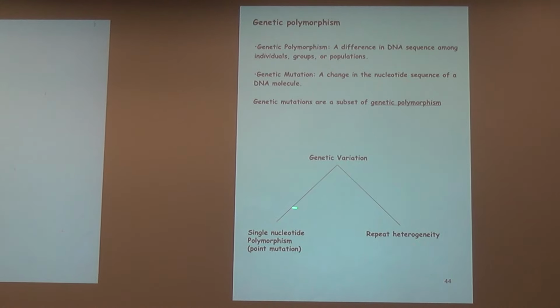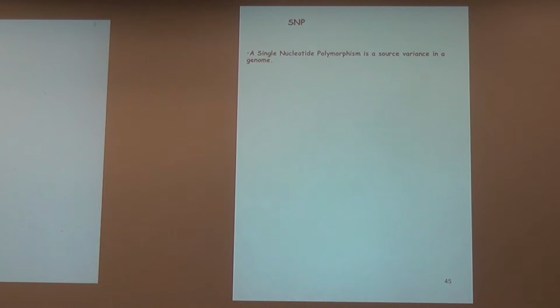And then within this class, you have 2 classes. You have RFLPs and you also have SNPs. So I'm going to talk about SNPs now. It's a single nucleotide polymorphism. It's a source of variation in the genome. A single nucleotide change in DNA sequence at a particular location along your chromosome.